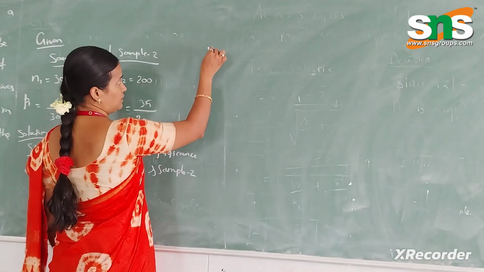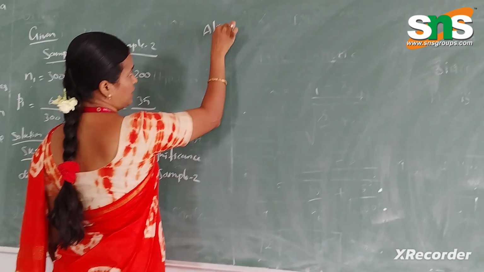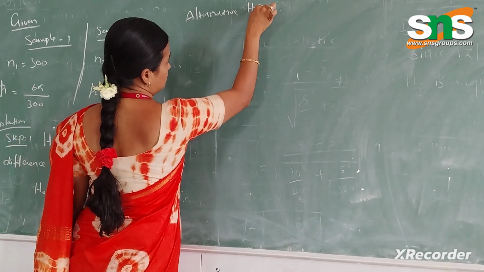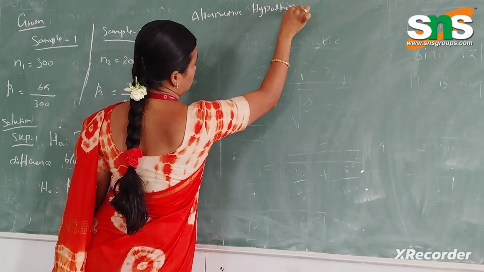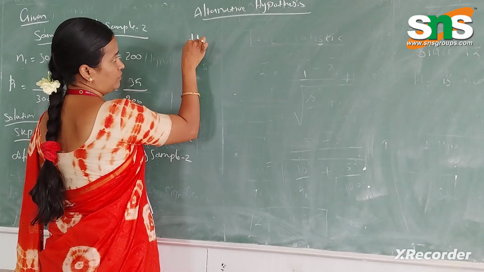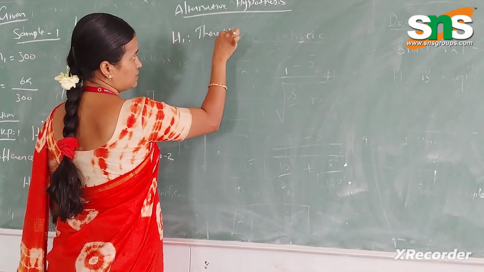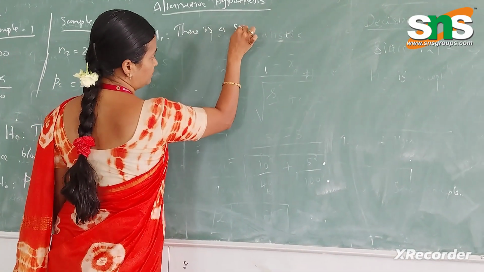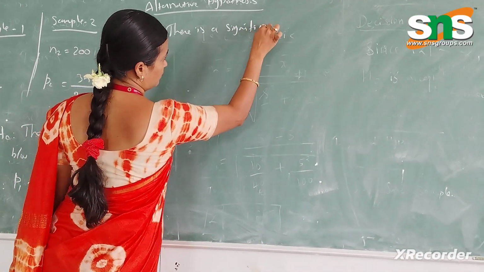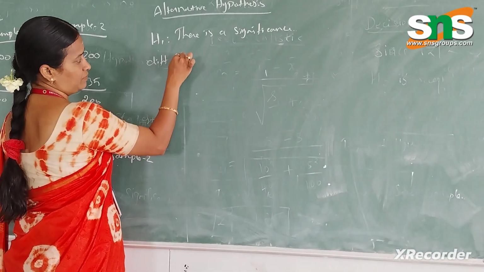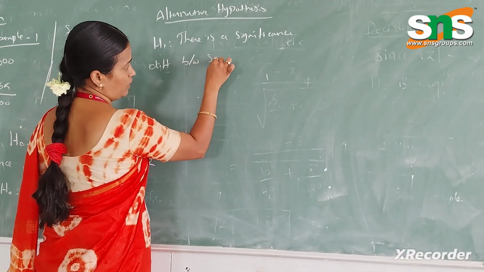Next, the alternative hypothesis is given by the notation H1. This is the opposite of the null hypothesis: there is a significant difference between sample 1 and sample 2.